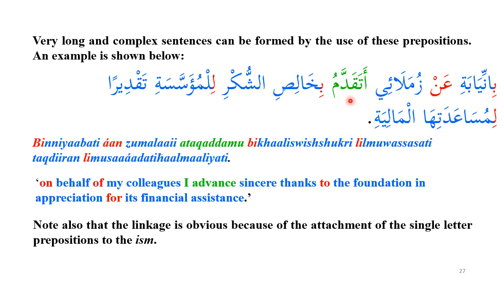So this ataqaddamu, or I advance, is being linked to different ism through these prepositions. Actually, it's not difficult at all. If you think about it, it's much easier compared to English.